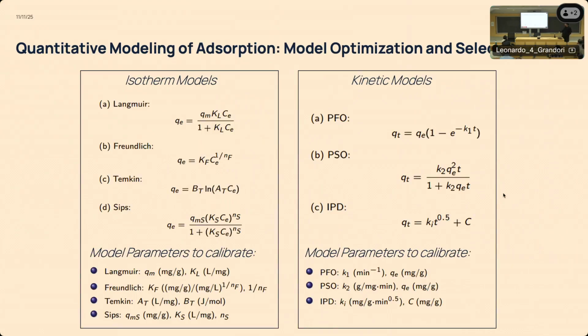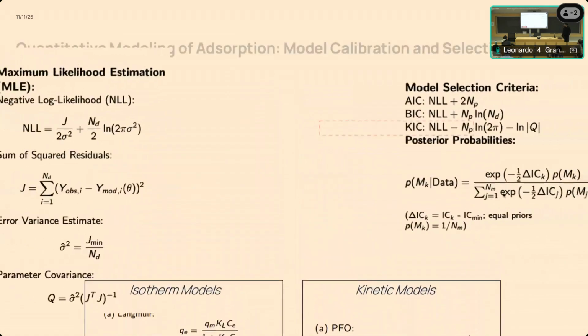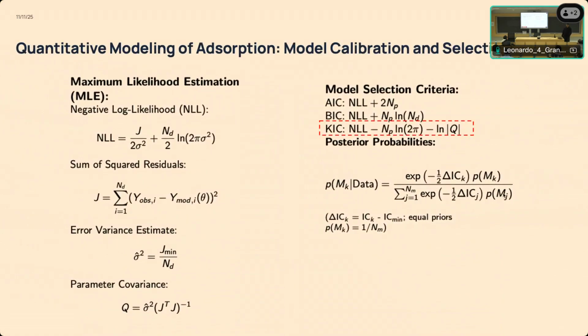Each of these models has parameters that need to be calibrated in order to fit the models. In our case, we used the maximum likelihood framework to calibrate the models and optimize the model parameters. Furthermore, we used different model selection criteria.